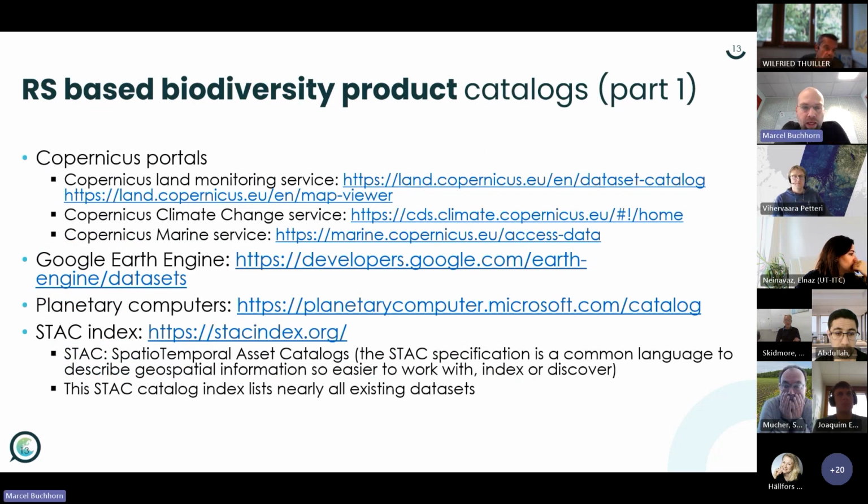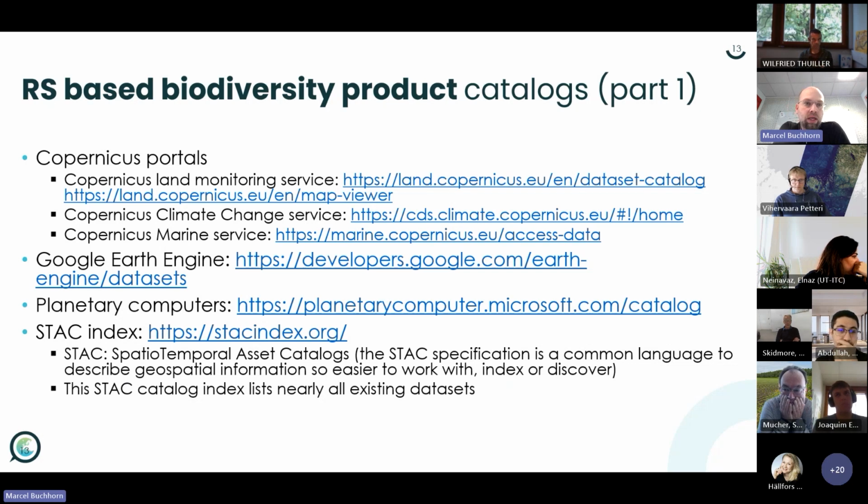In the next 2 slides, I want to show you mainly where there are portals or opportunities to find remote sensing based biodiversity products, which will be mainly input in the generation of EBVs. One of the main important portals are the Copernicus portals.